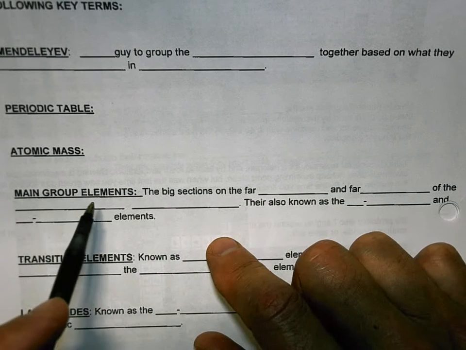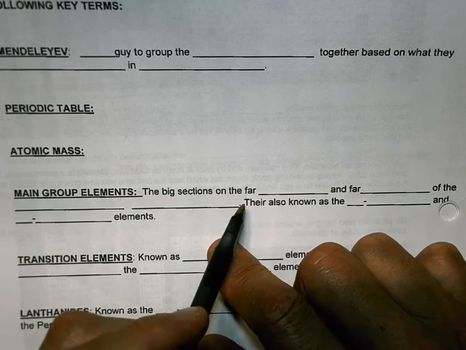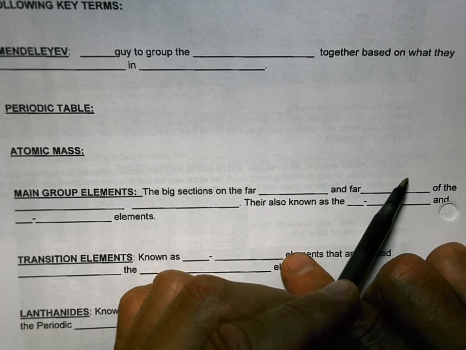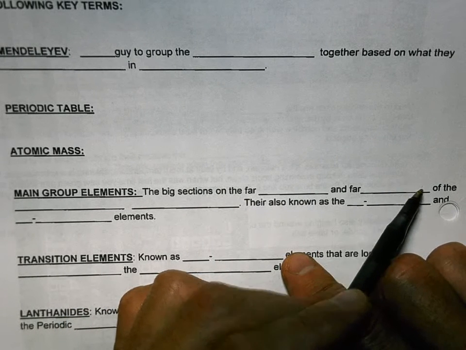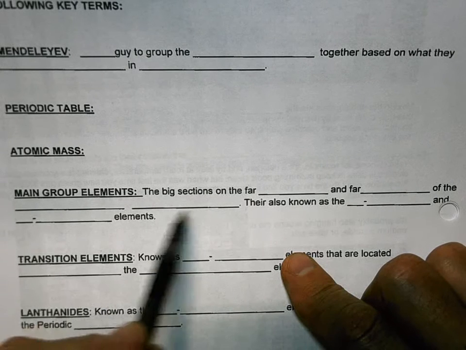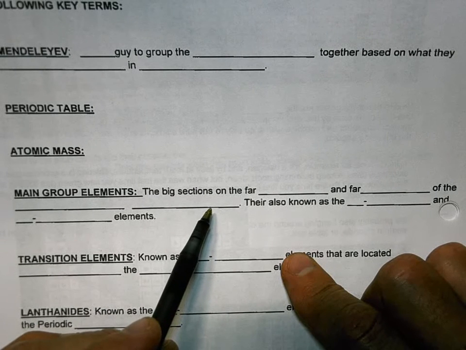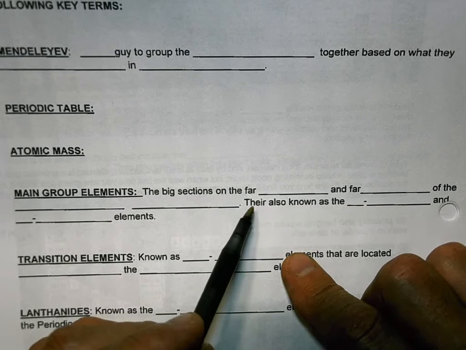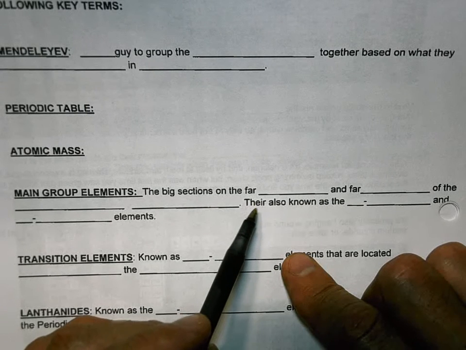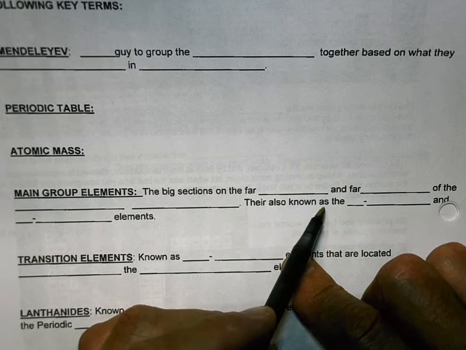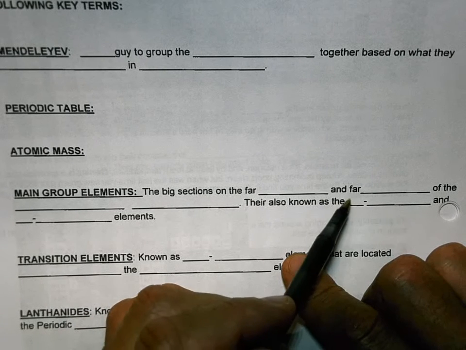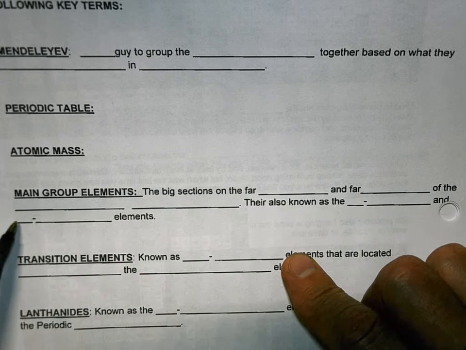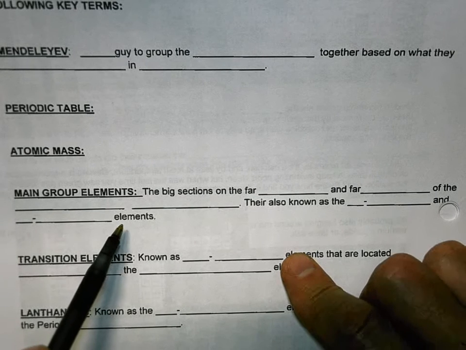Main group elements. That's the big sections on the far left and far right of the periodic table. They're also known as the S block, S as in snake, and P block elements.